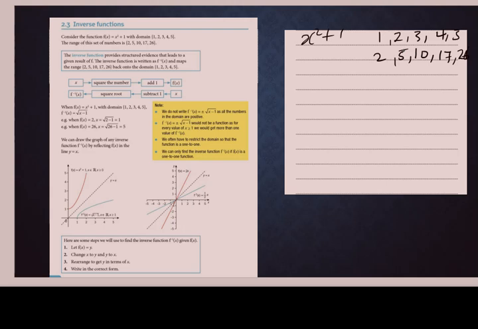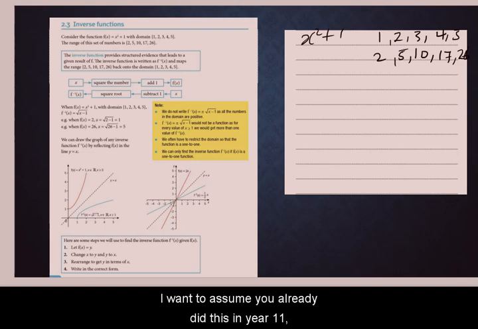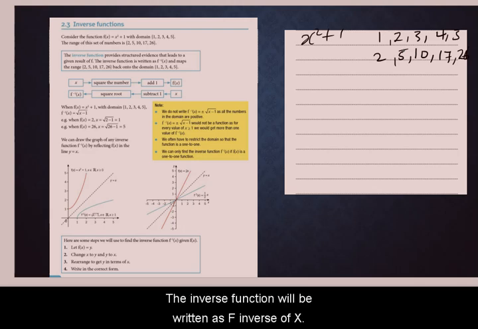IGCSE concept. It takes you back to year 11 mathematics in Cambridge. I want to assume you already did this in year 11. But we are going to look at it again because the inverse function provides structured evidence that leads to a given result of f as a function. The inverse function will be written as f inverse of x.